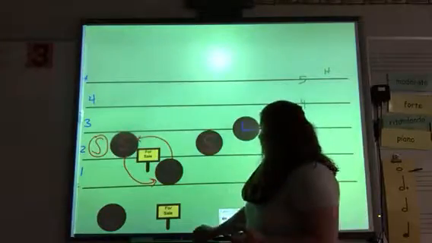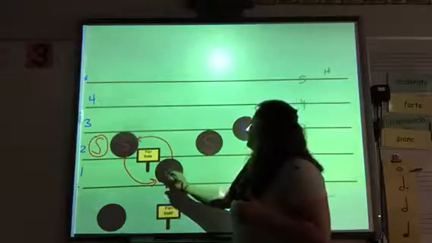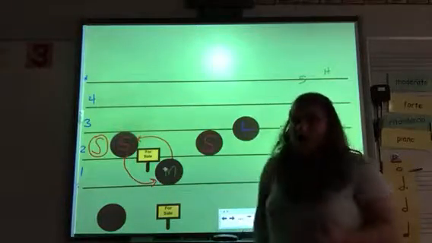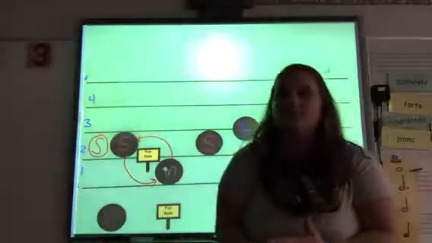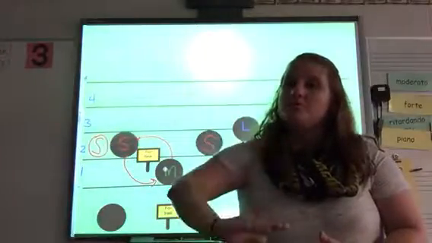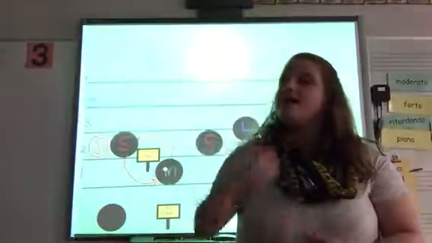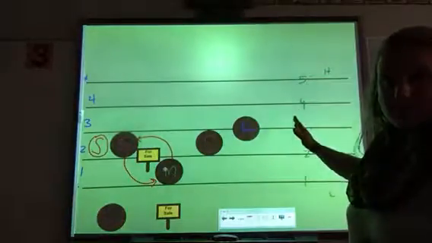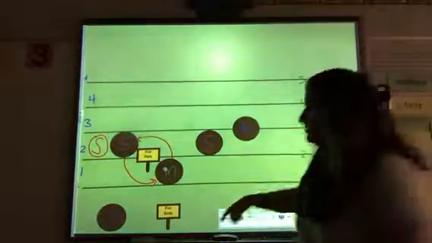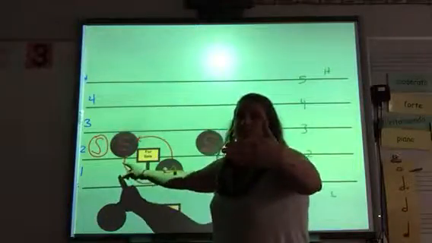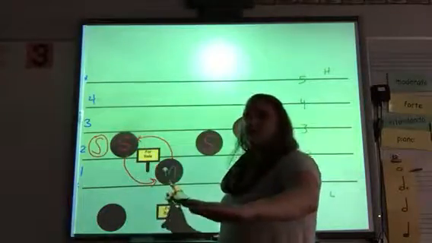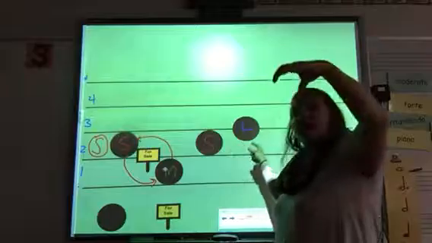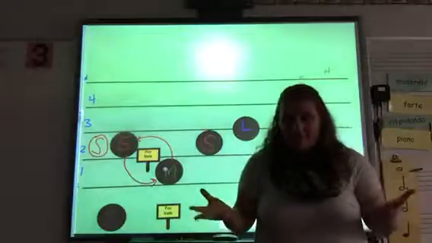So I automatically know that this is mi. And now, because I know the way that they're supposed to sound, so, mi, la, I can read this from left to right using those syllables because I know the relationship of the sounds. So, mi, so, la. And that's how we read pitch.